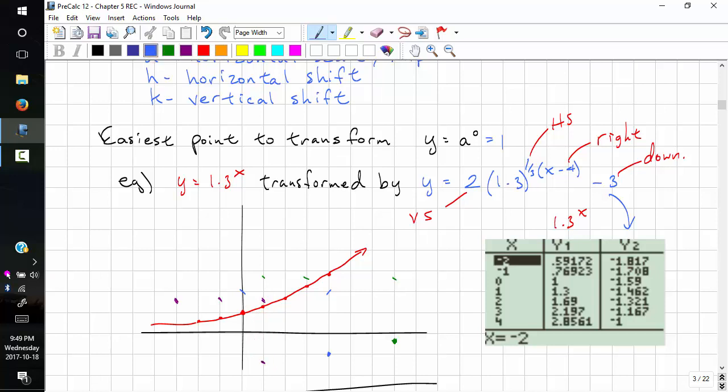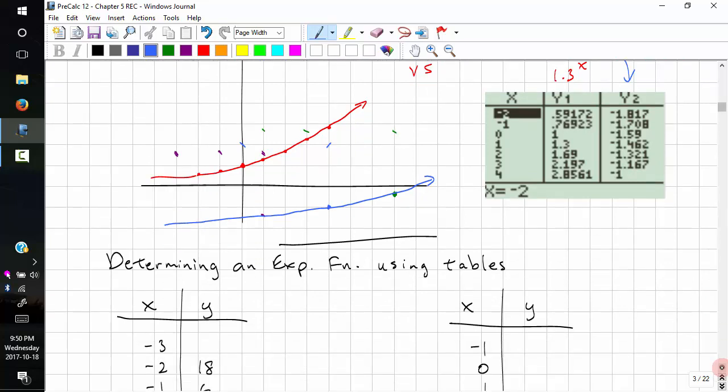And now we can just draw a line through those points. Okay, because these are tick marks that are different than the dots, I won't confuse the two. We could have done another point here, but this is sufficient to show our curve.